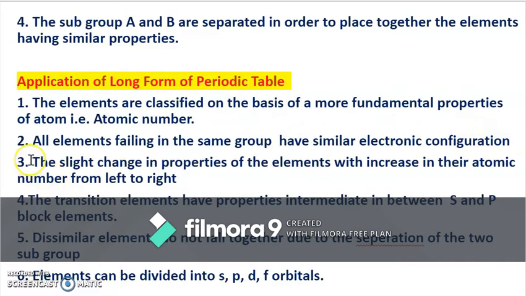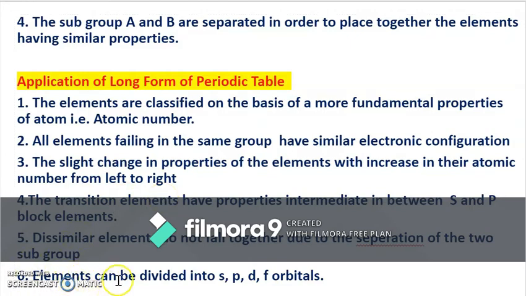The third application is the slight change in properties of the elements with increase in their atomic number from left to right. The transition elements have properties intermediate between s and p block elements, so they are logically placed in the middle section of the periodic table.